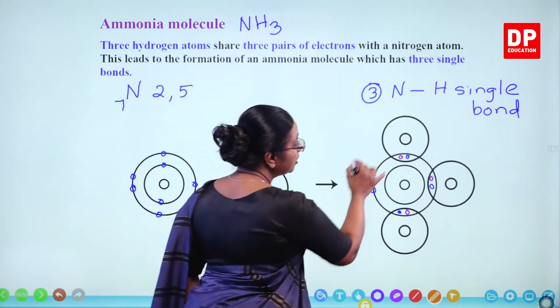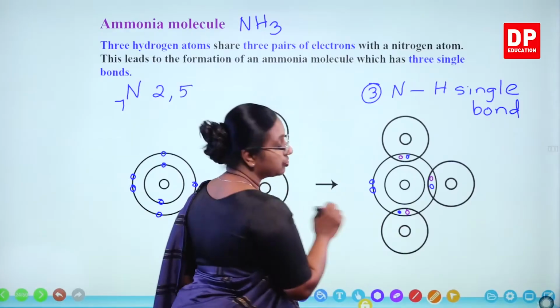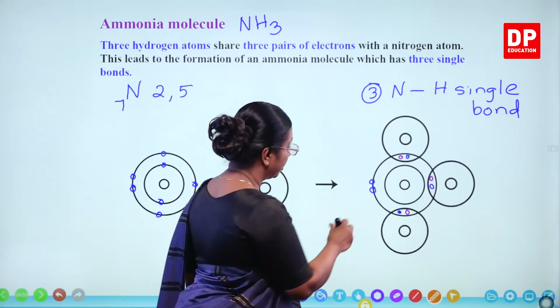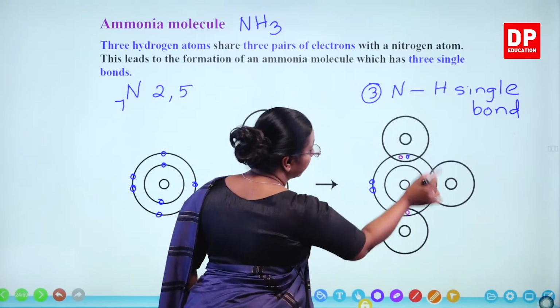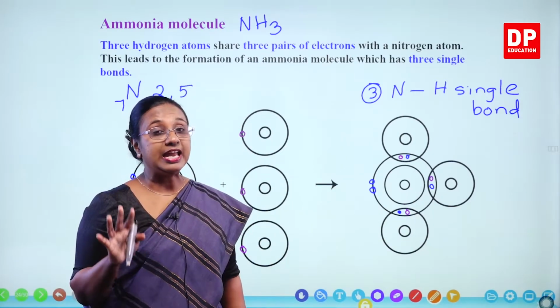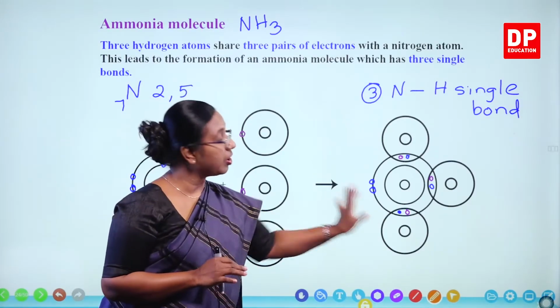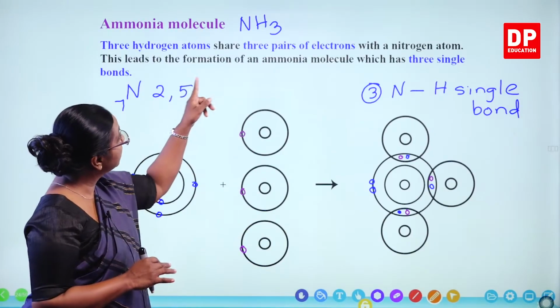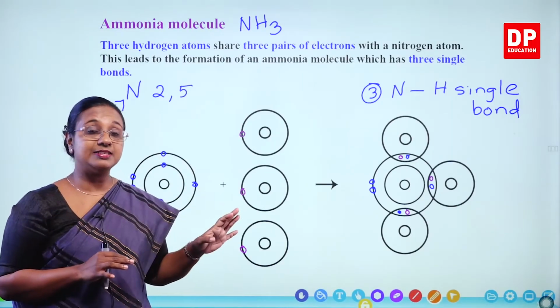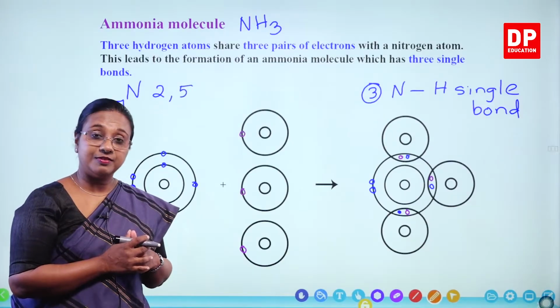Then if you count the total number of electrons, hydrogens have 2 each, so they have the stable configuration. 2, 4, 6, 8. Now nitrogen also has 8 electrons. So again, stable electronic configuration. So in this molecule also, both nitrogen as well as hydrogen achieve the noble gas electronic configuration.